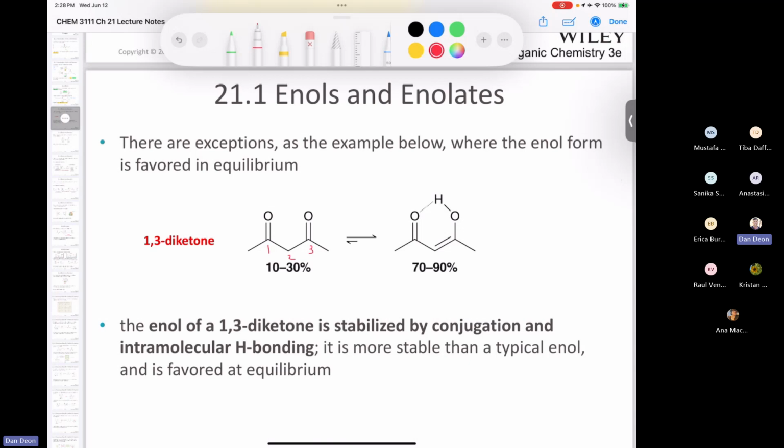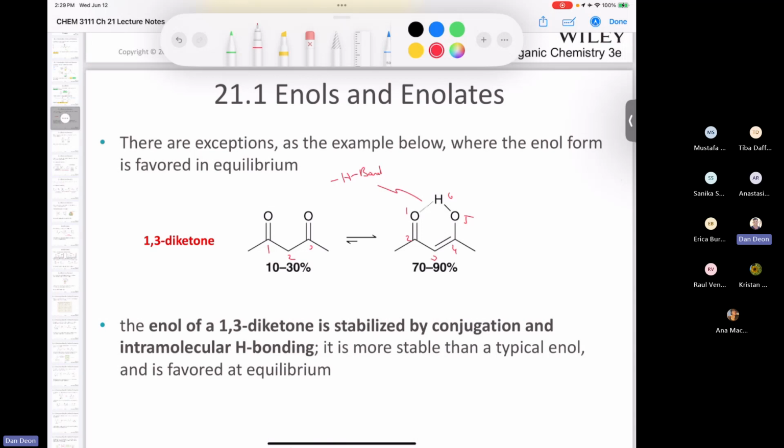It turns out that if you form the enol out of one of those ketones, you end up with a 1, 2, 3, 4, 5, 6-membered ring where this bond is actually a hydrogen bond. You know that hydrogen bonds are the strongest type of intermolecular force that we look at, and that 6-membered rings are highly stable in organic chemistry. So what does that tell you?